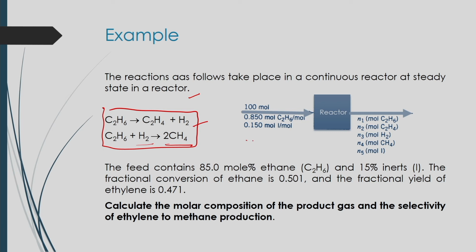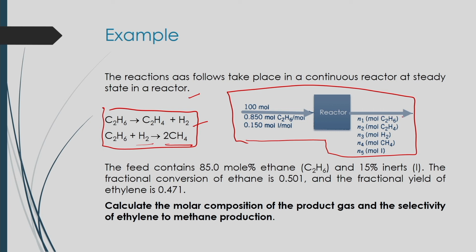As per this schematic diagram, or flow chart, if we consider that 100 moles of mixture go into the reactor, that means 0.85 mole per mole of feed is ethane and 15% only inerts are going into the reactor.